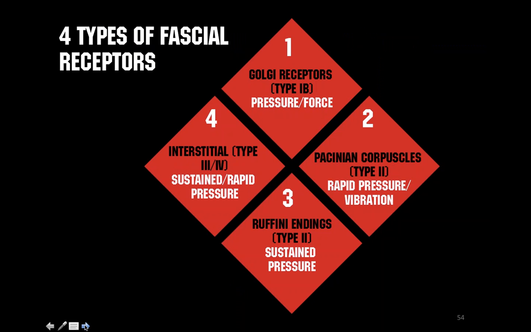Not to get too deep into the neuroscience, but it's interesting to show that, depending on what you want to do to the nervous system, you may be able to excite those tissues. And we talk about the 4 types of fascial receptors, and we primarily stick to these ideas of upregulating and downregulating through Pacinian corpuscles and Ruffini nerve endings.